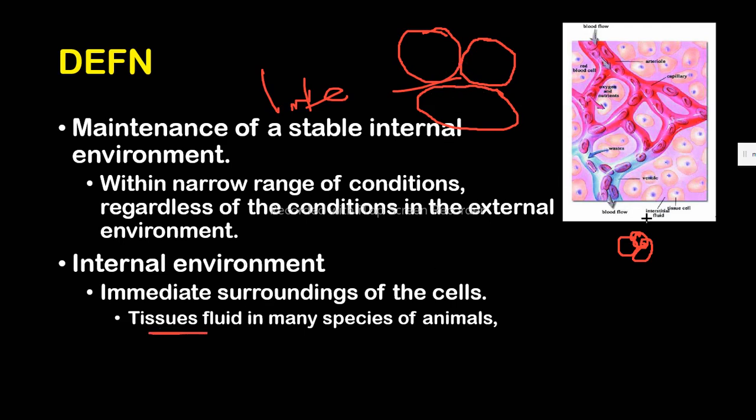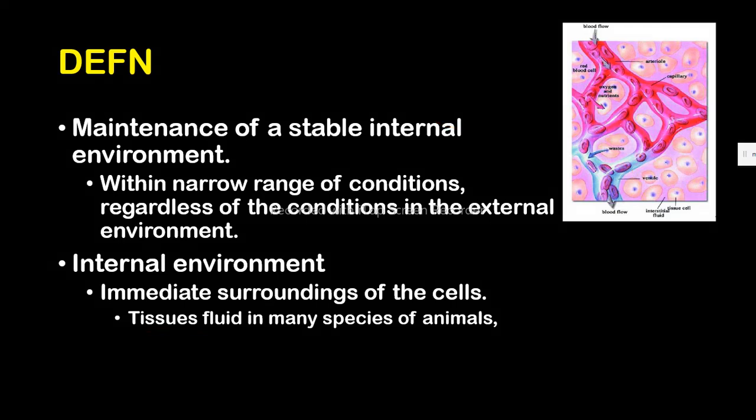It immediately bathes the cells, and together with the fluid within the blood capillaries, it constitutes what we call the internal environment. Everything within this fluid, its composition, the temperature and so on, must be maintained constant.